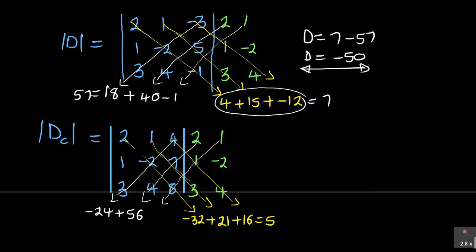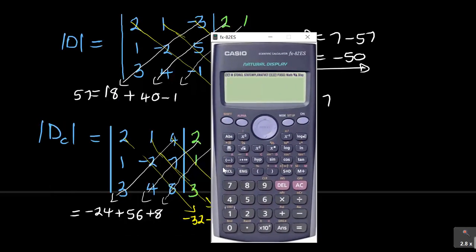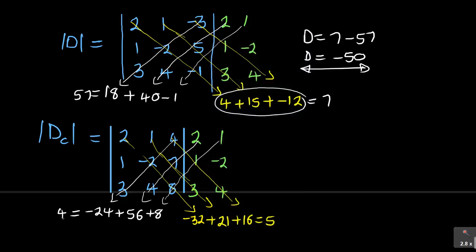And then 8 times 1, which is 8. So this is what I'm having. If I find the total, it will be negative 24 plus 56 plus 8, and then it gives me 40.